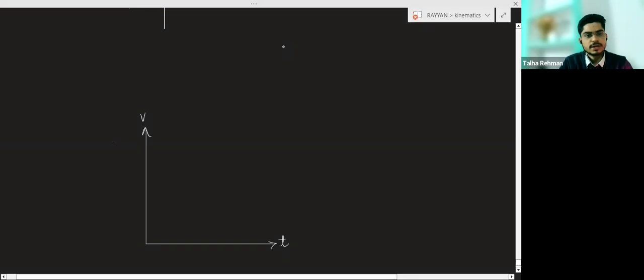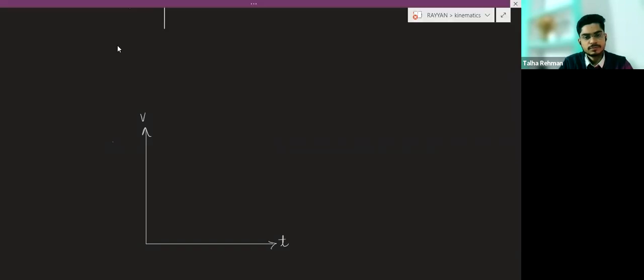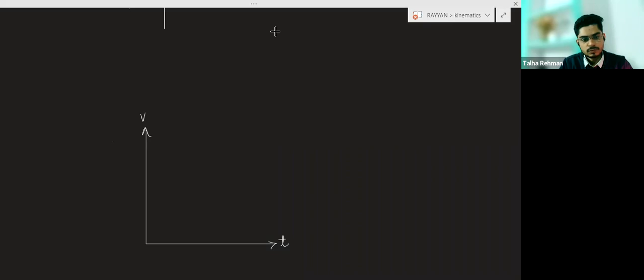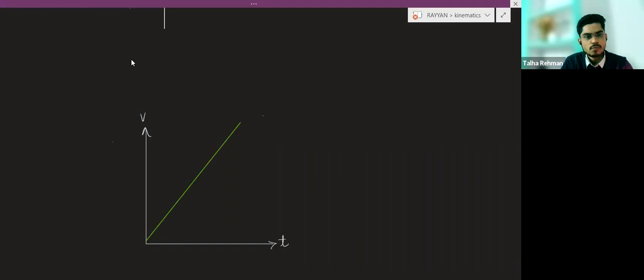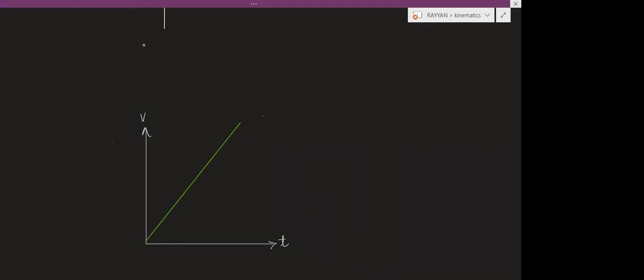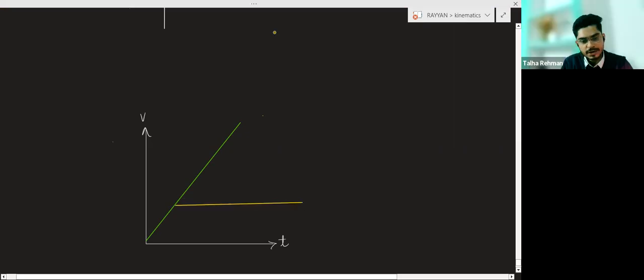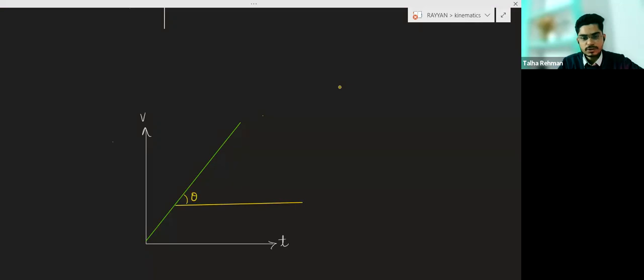Now take the straight line graph. So basically, to find the slope of this graph, what is the requirement? The angle. If you know this angle theta, what is the slope? Slope is tan theta.